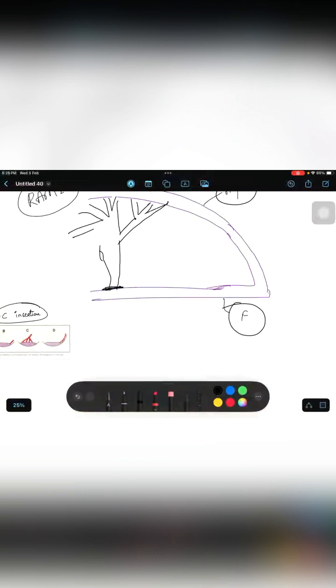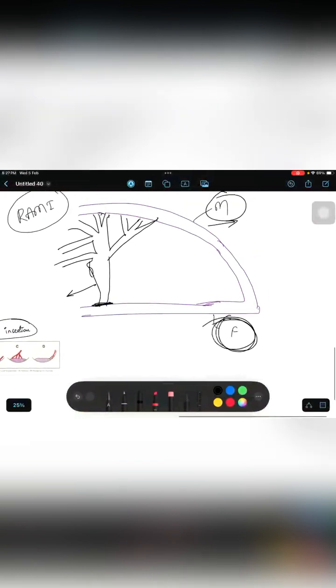It will divide into branches, branches, branches, and then go to the topmost point. So the villi which started at the fetal surface want to go to the maternal surface, but divide into several branches. That is known as the anchoring villi. The villi which is attached to this is known as the anchoring villi.